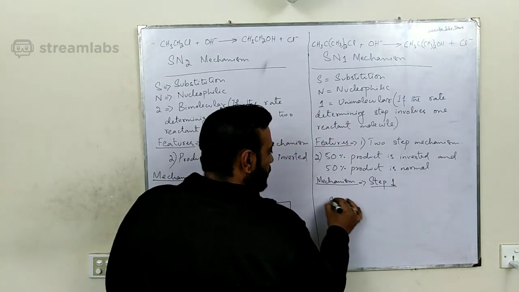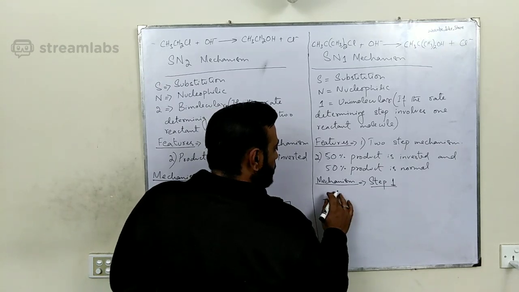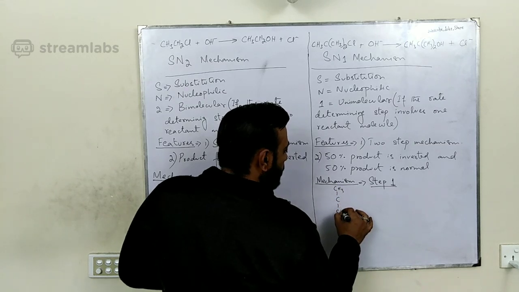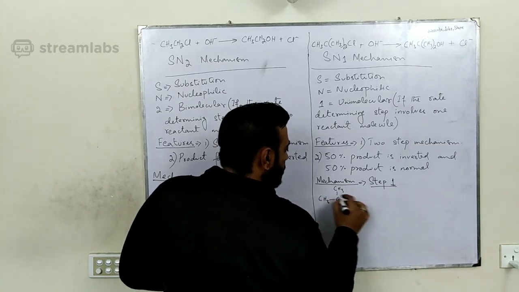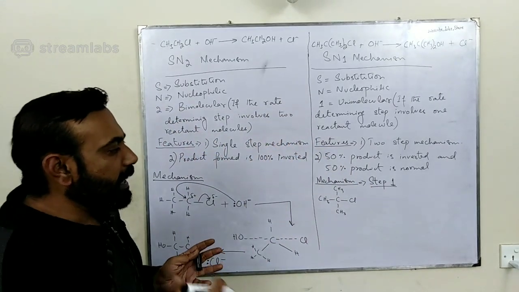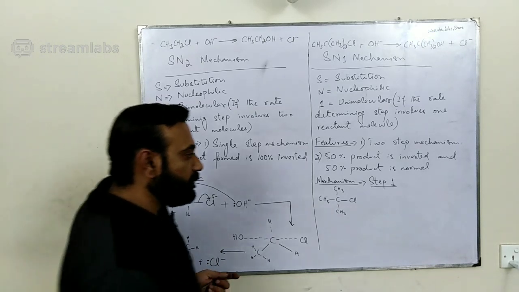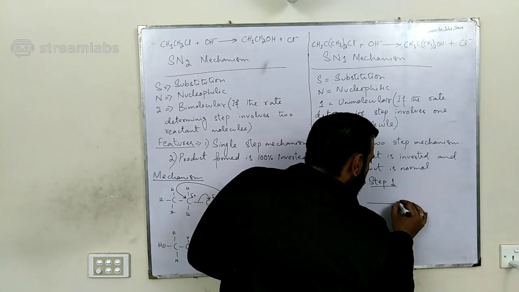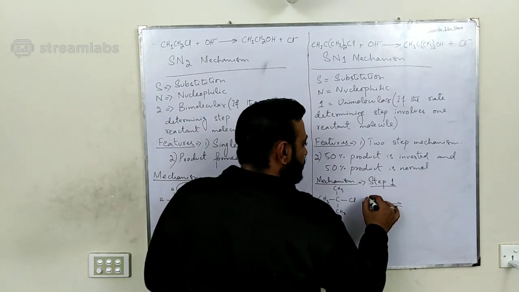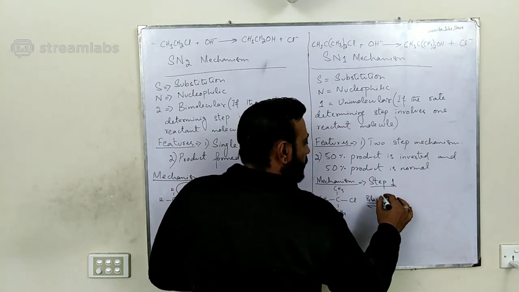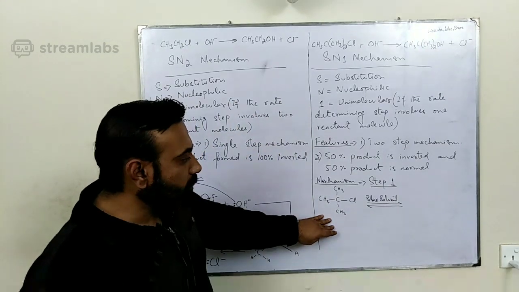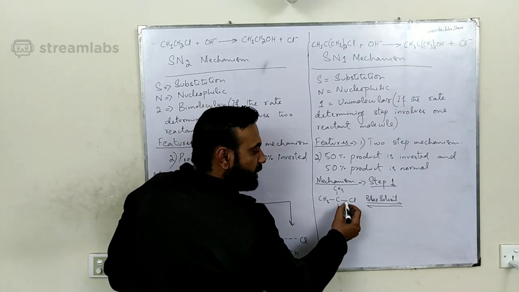In step 1, this was the halogenoalkane, and this halogenoalkane alone takes part in step 1. Hydroxide ions are not involved in this first step, and due to the presence of a polar solvent, which is in this case water, a heterolytic fission takes place in this bond.